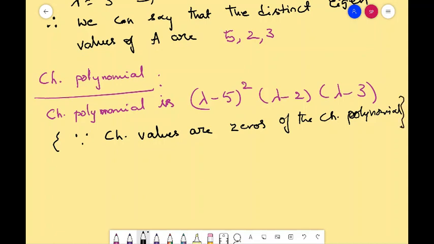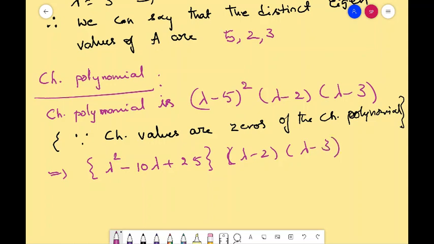So if I simplify this, the characteristic polynomial is, multiplying, (lambda square minus 10 lambda plus 25) into (lambda minus 2) into (lambda minus 3).